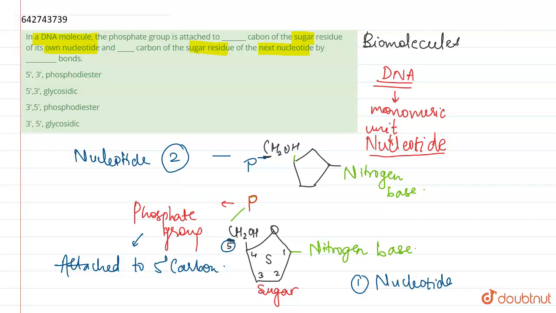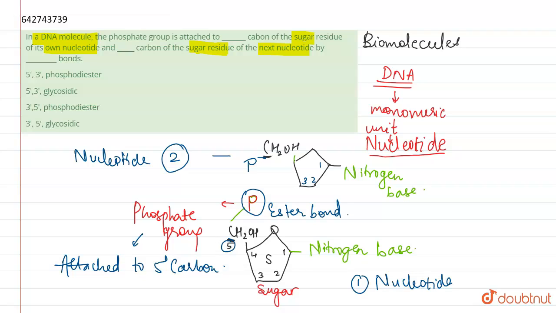So now here the carbon number was 1, 2, 3. If you see this nucleotide, this phosphate group, the nucleotides are going to get bonded to each other. Here in between the phosphate and the sugar, the bond is ester bond. Same with the phosphate and sugar of the second nucleotide.